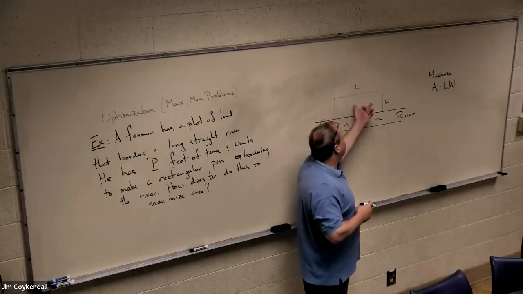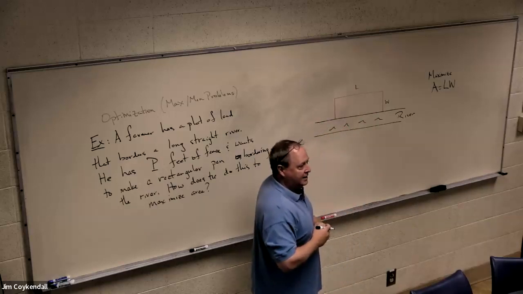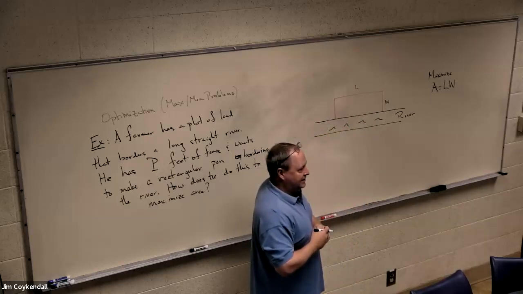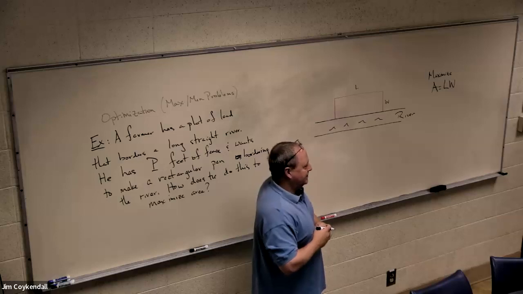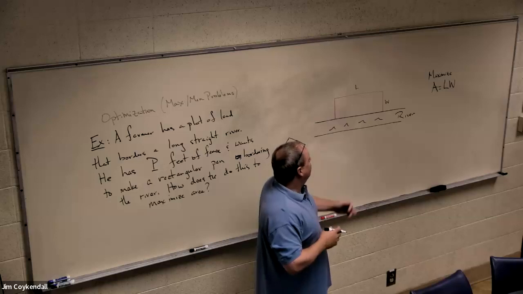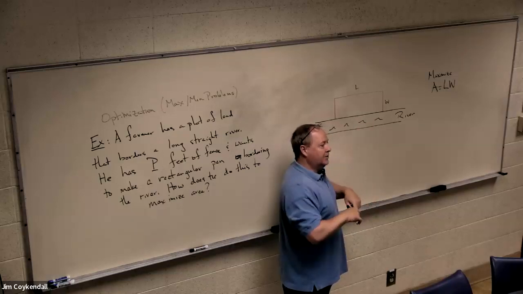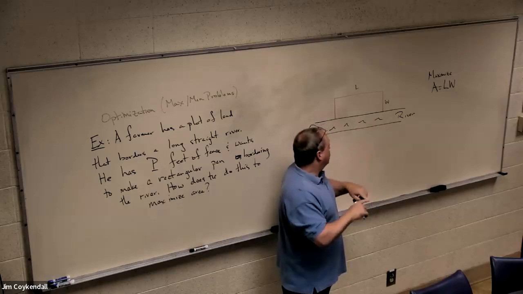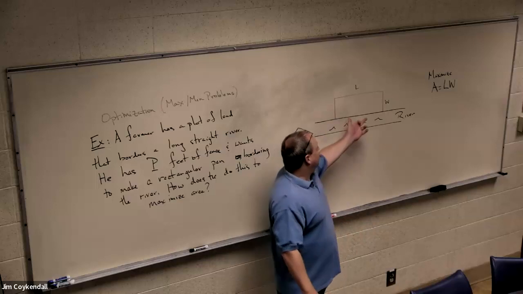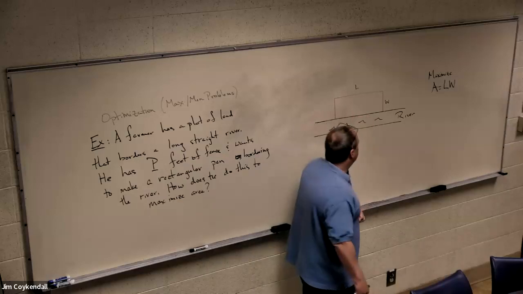Well, no, because I'm insisting it's a rectangle. If it weren't for this river, it would actually be a square. It turns out that if you have a fixed amount of fence and you want to make a rectangle, then it should be a square. But because we've got this river here, it's changed.